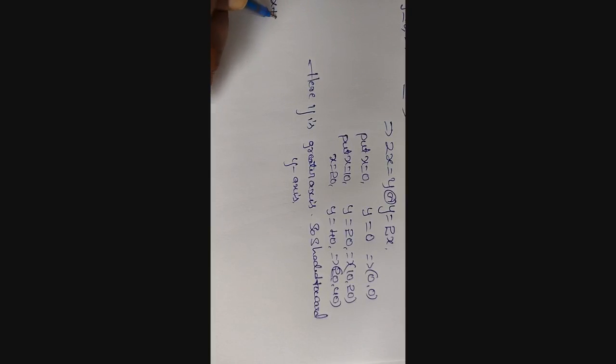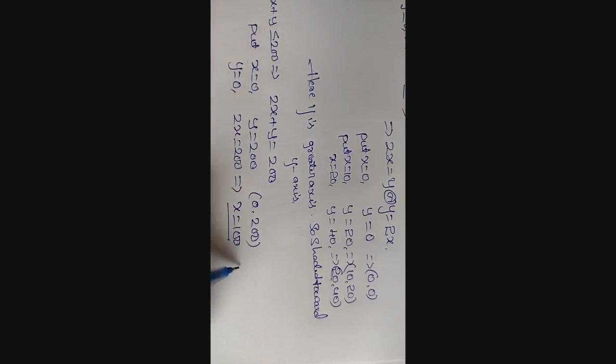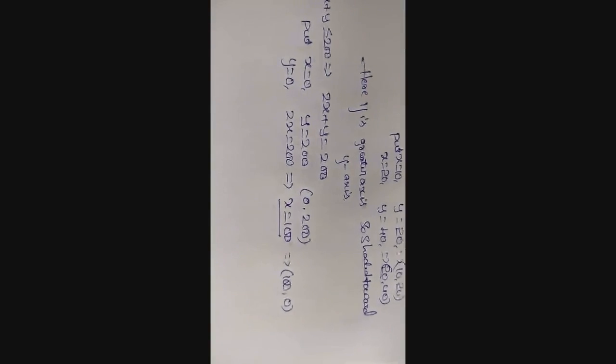The third one is 2x plus y is less than or equal to 200, which implies 2x plus y is equal to 200. Put x is equal to 0, y is equal to 200, so 0 comma 200. Put y is equal to 0, then 2x is equal to 200, which implies x is equal to 100, so the coordinates are 100 comma 0.